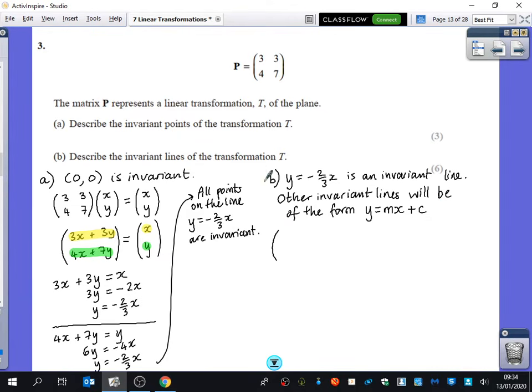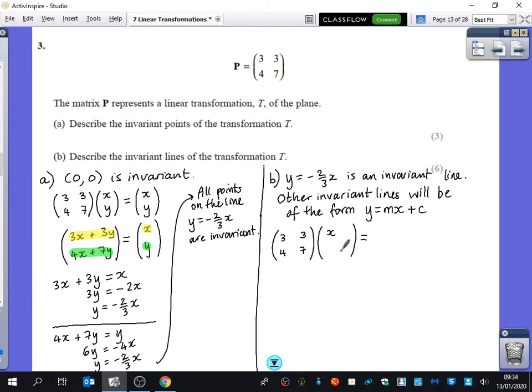So we want to see what happens to the matrix 3, 3, 4, 7, applying to x, y. I'm going to write that down in a second. Now, instead of writing down x, y, if I just write down x, y, and then I get x, y again, I'm stuck back in this previous thing here.